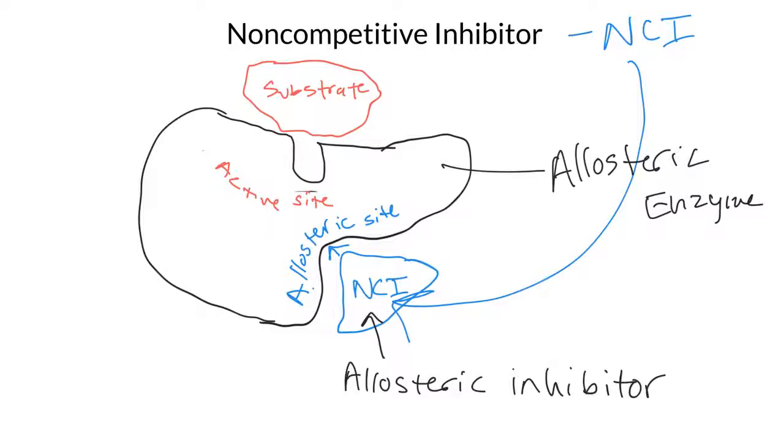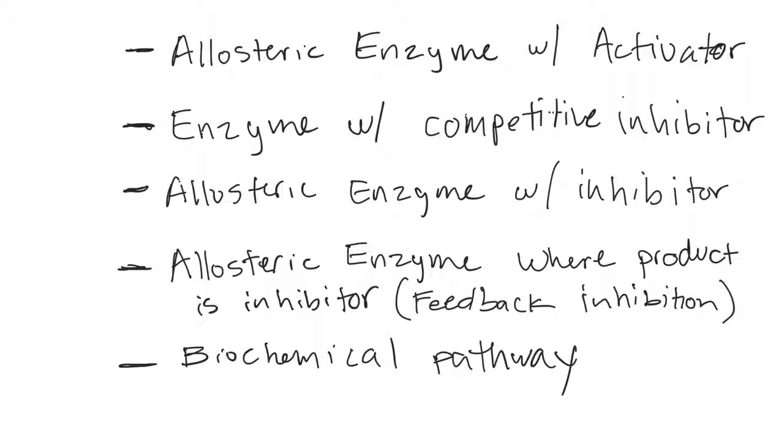Okay, so we did this in lab. We did a little experiment. Okay, so I've got a bunch of options here of things that you can draw. And so what I'm going to do is say, you guys draw this. So you guys are going to draw the allosteric enzyme with an activator.